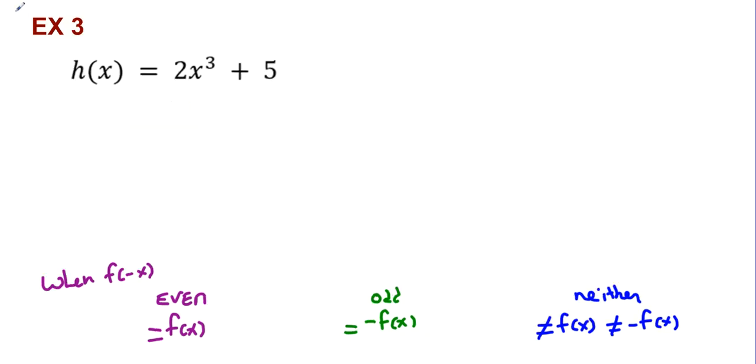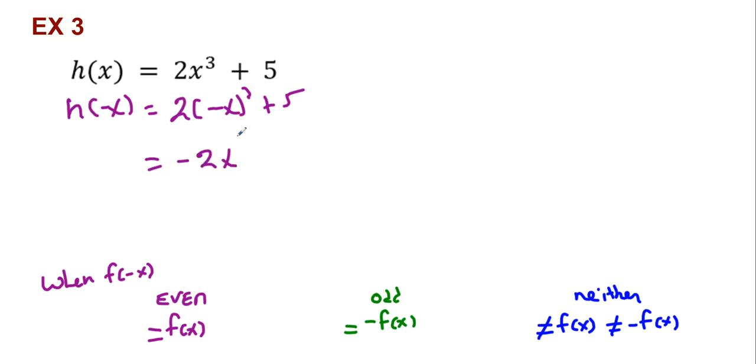Next one, if you're using your inductive reasoning, you probably predict this to be neither. So what we have here is 2x cubed plus 5, and we're going to go ahead and do the test. h of negative x is equal to 2 times negative x cubed plus 5. And what we got is negative 2x cubed plus 5. We go, okay, first glance, that doesn't look the same.